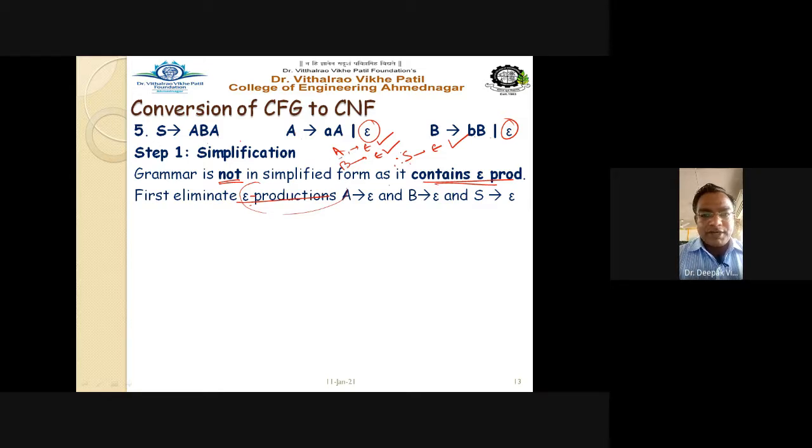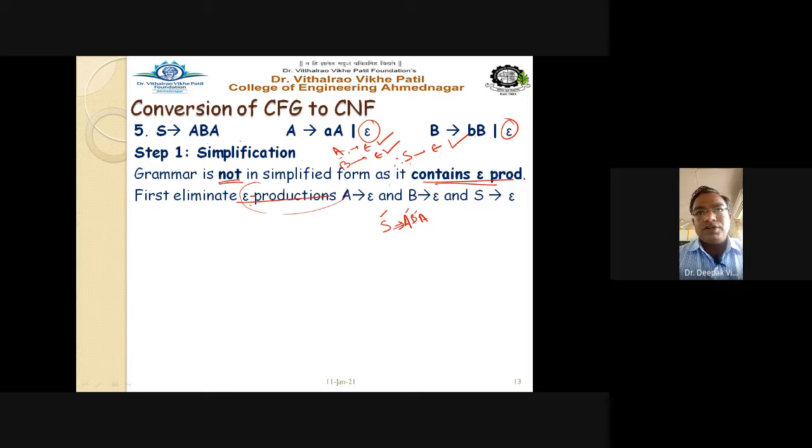And the second step is that we have to make the productions by making nullable non-terminals null. We have to write, for example, S gives A B A, and S is also nullable, then A is also nullable, B is also a nullable non-terminal. So we have to add the productions by making the nullable non-terminals null.